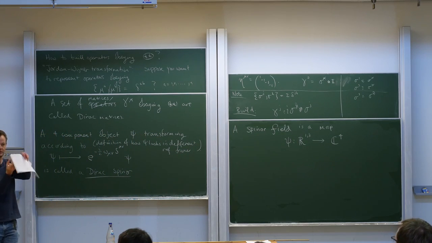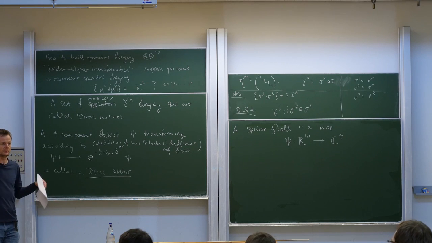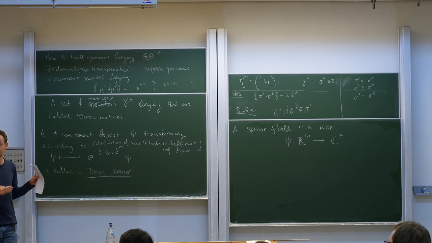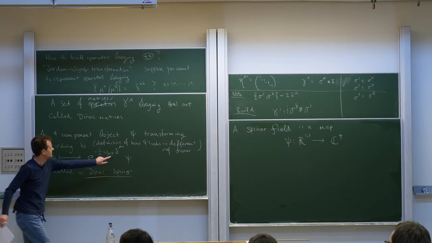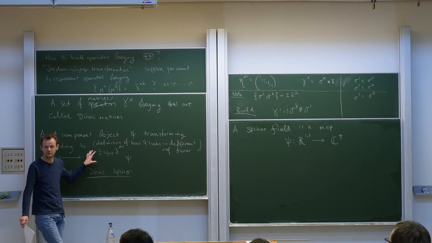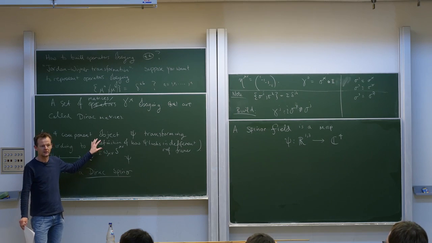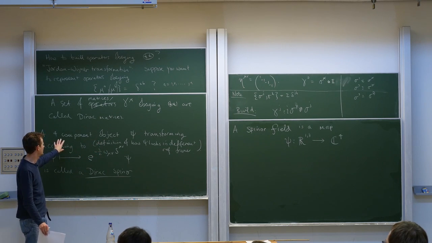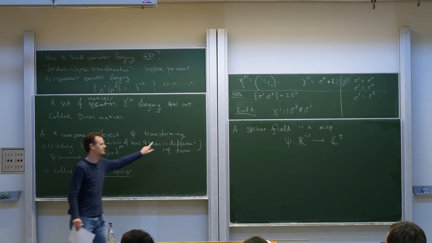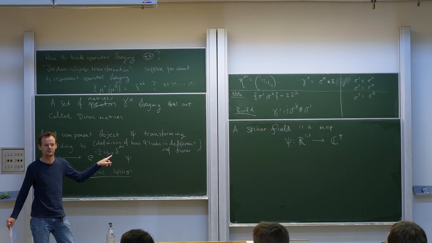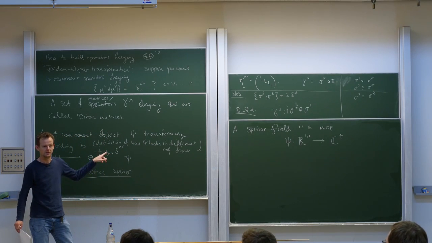If I have a psi in one reference frame, and then there's another reference frame related to the original by a boost or a rotation or whatever, then the way that psi is defined to look in this other reference frame is as the original one multiplied by this matrix here. So this is actually a definition. I think there's a lot that is potentially misleading about the words "transforming according to," which you'll hear people say a lot.